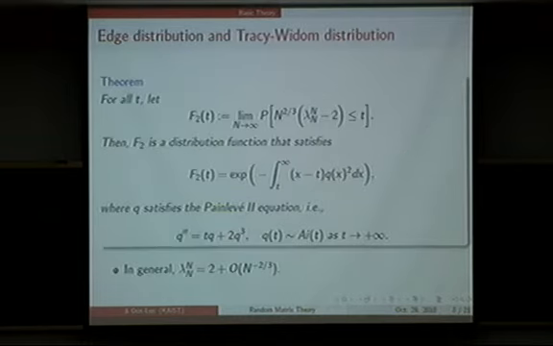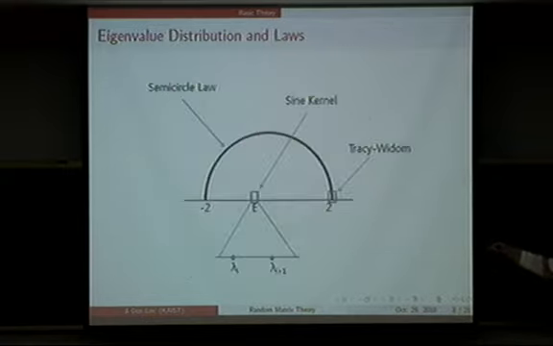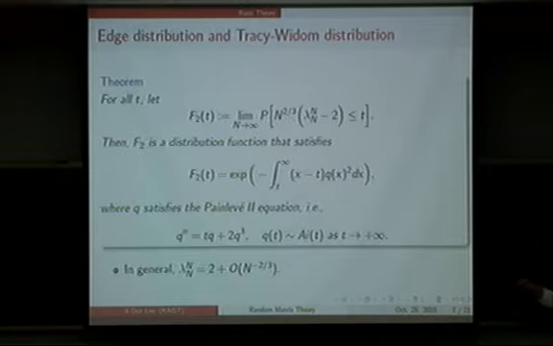Again, the edge distribution. As I told you, the largest eigenvalue is almost always 2. But if you want to study it more carefully, then you can say more than that. In general, the largest eigenvalue is 2 plus order of n^(-2/3). Of course, when n is large, this is just like 0, so you get 2.